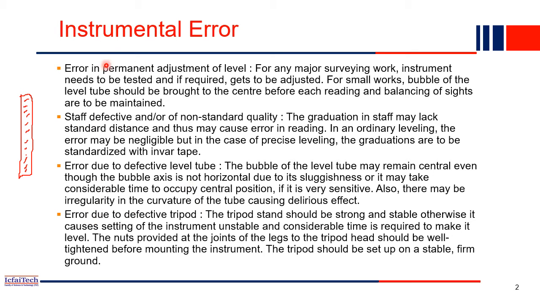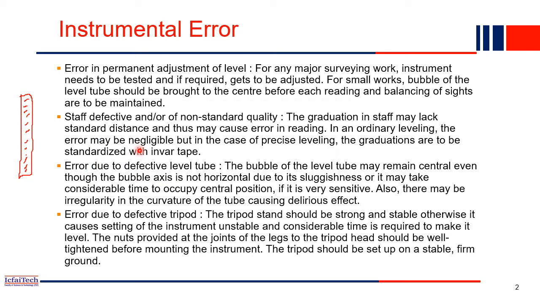So what we understood here is instrument error. The first one is the dumpy level or the level instrument itself, where the error is occurring in our measurement. The second one is the defective staff; if the staff is not standard, then again it will introduce error. The third one is error due to the defective level tube.